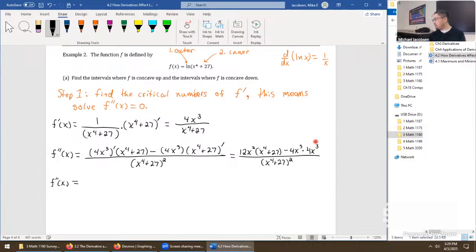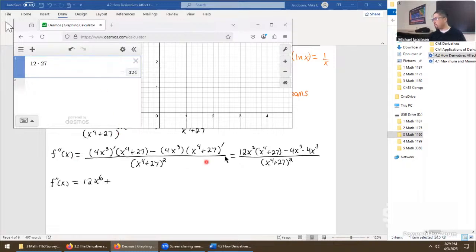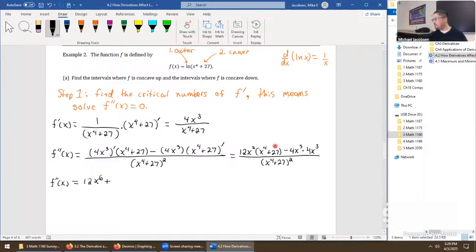F double prime of x is going to be equal to, first let's distribute. That's going to be 12x power 6 plus large number, 27 by 12 is a better way to say that. So 324 on that one there, x squared.